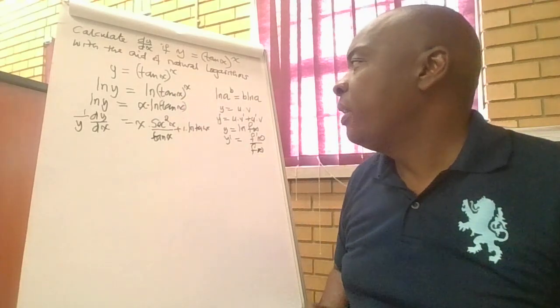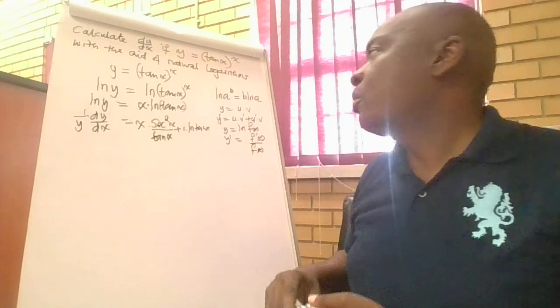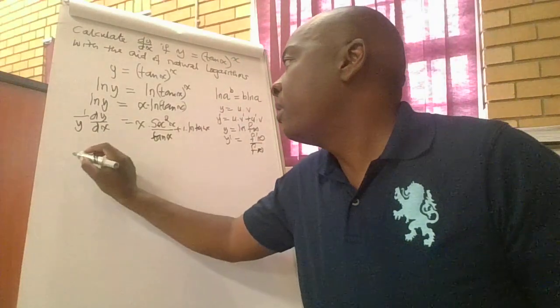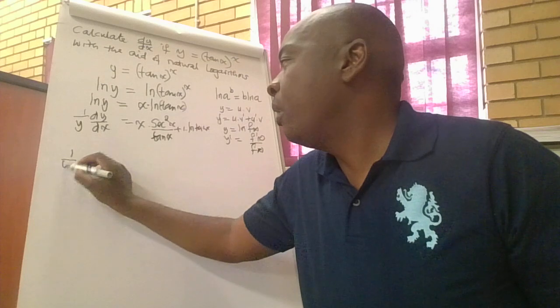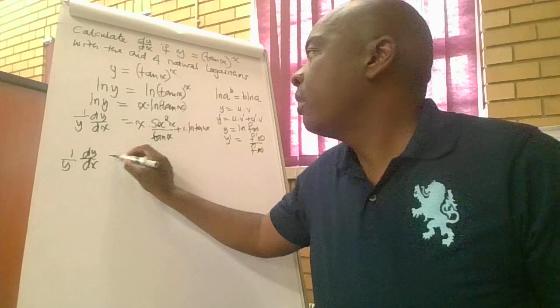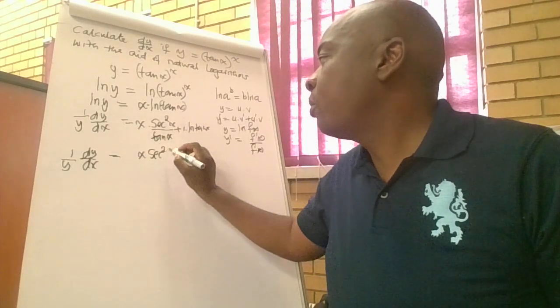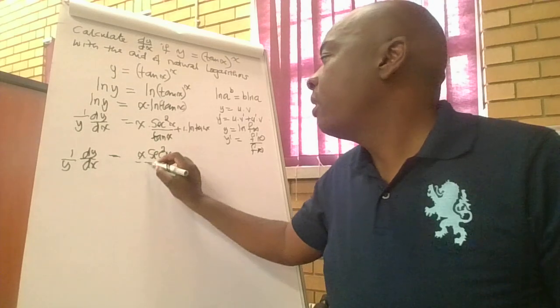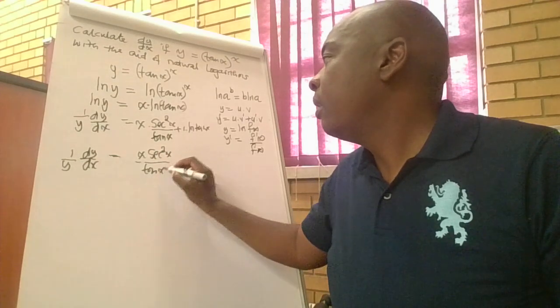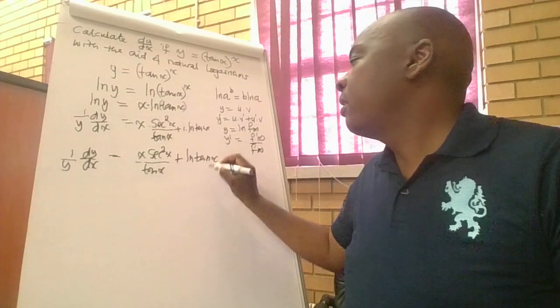Now remember, we are being asked to calculate dy by dx, right? So ultimately, if I'm to write this a little bit neatly, this is 1 over y dy by dx is equal to x sec squared x over tan x plus ln tan x, like that.